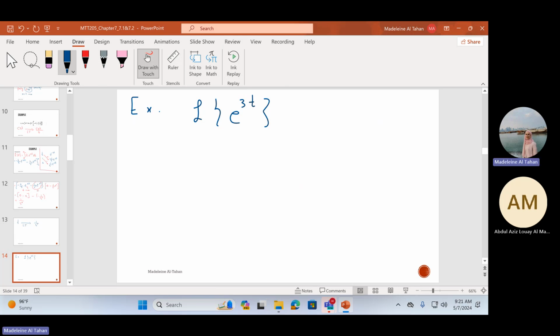Instead of f of t, what will we put? E power 3t. So the first step: the integral from 0 to infinity of e power 3t times e minus st dt.